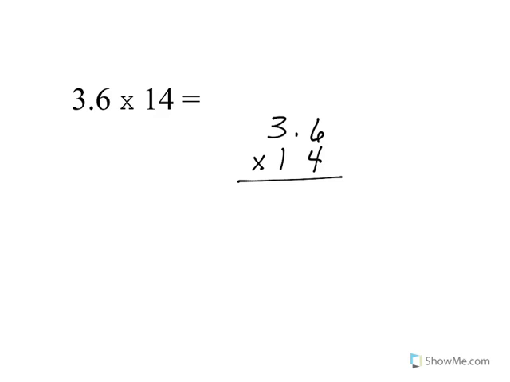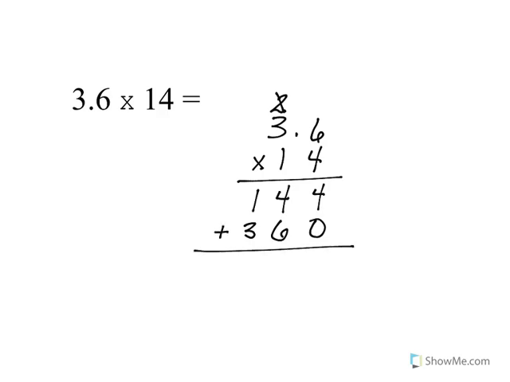And again, I'm going to work this problem just as if it were 36 times 14. 4 times 6 is 24. 4 times 3 is 12, plus 2 is 14. I'm going to cross out that 2. I'm going to put a 0 to hold my place. And I'm going to multiply 1 times 6, which is 6, and 1 times 3, which is 3.